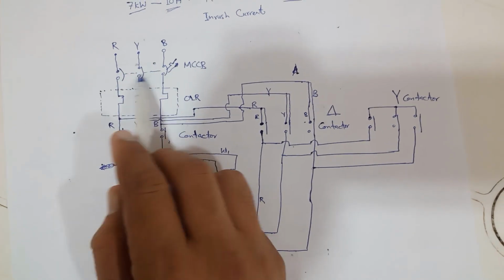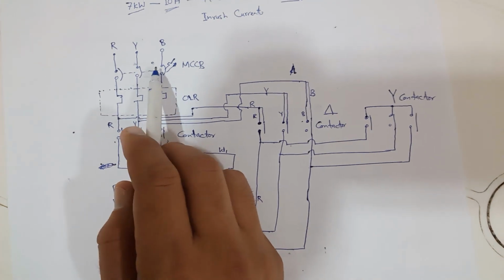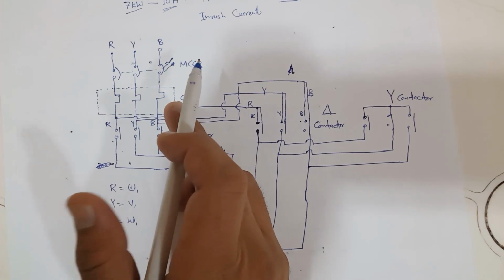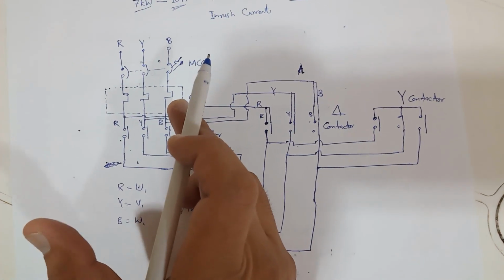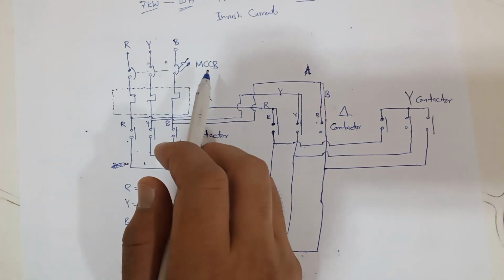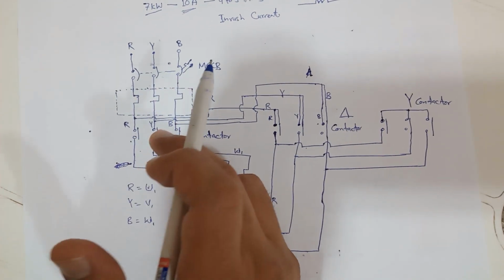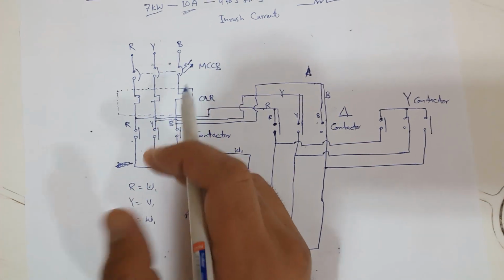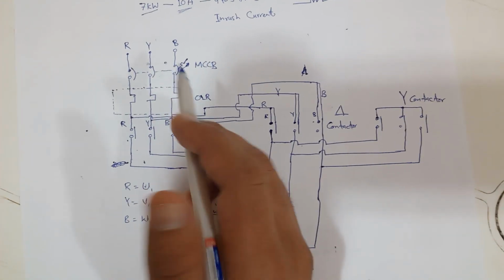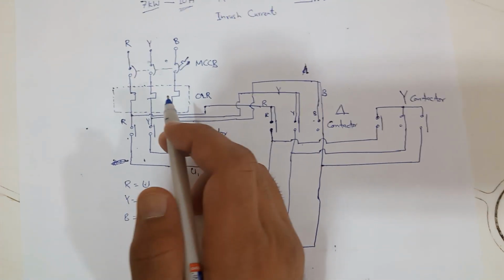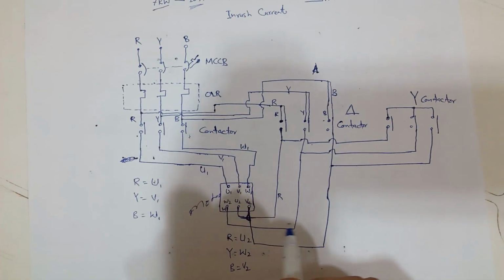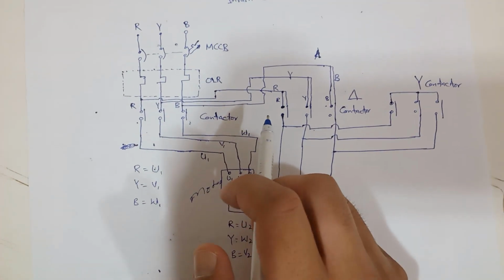In past times we used a fuse here, but a fuse is a sacrificing device: when it burns once, we cannot repair it again. With an MCCB, if it trips due to overload or short circuit, we can remove the fault and reset the MCCB again.